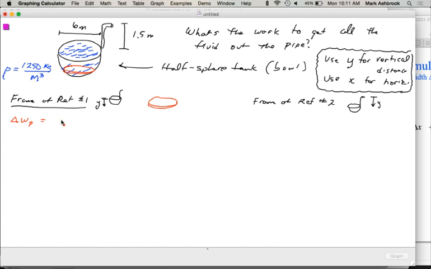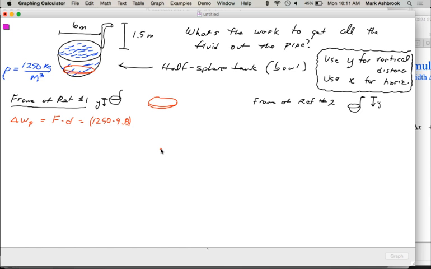And so that will be force times distance. What's the force? It's the weight of the pancake, right? The weight is going to be the weight density, which is 1250 times 9.8. I gave you mass density, but you need weight density. So in metric, if you're given mass or mass density, you need to change it to weight or weight density.